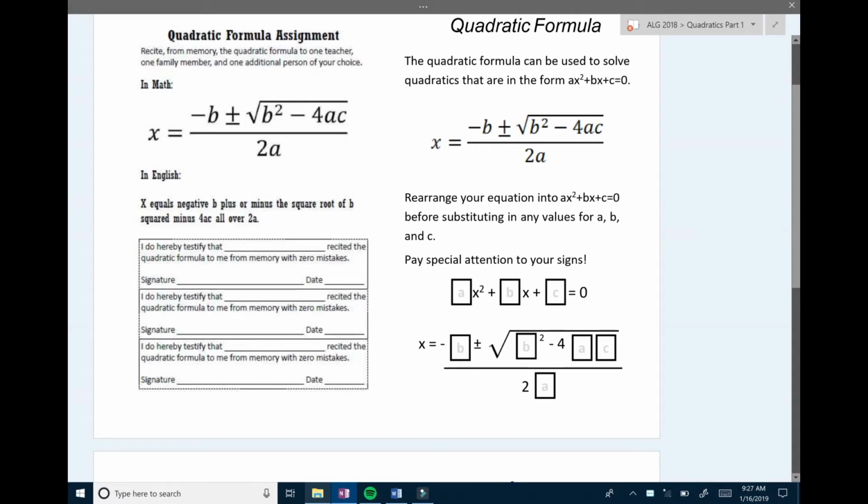I'll explain more about this in class, but what you're going to do is repeat this to 3 people. One of the people has to be a teacher or administrator. One has to be a parent or guardian.